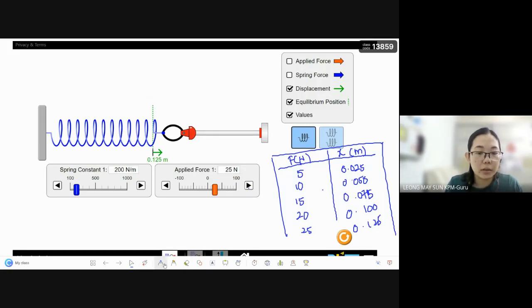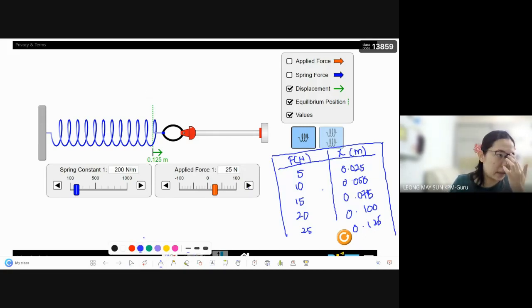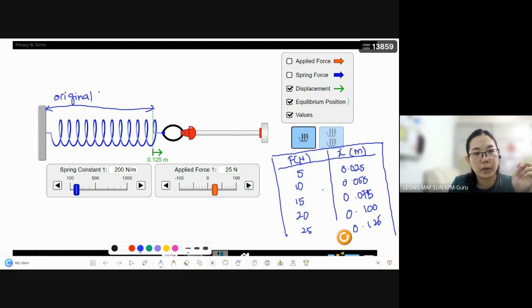Okay, so in experiment, when we have the chance, either by next week or after your May test, we are going to carry out this experiment again, because for paper 3 there's still a possibility for this experiment to come out. This is known as the original length. You can look at your textbook also. This is our original length, which we label as L naught, and here is our extension x.